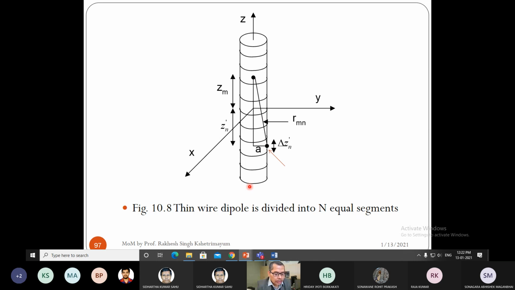I can even change the position of the source, and again find the current density over all segments. That's why we have a matrix. One source will give you one column or row of the matrix, but when you have sources at all points, you get a matrix.